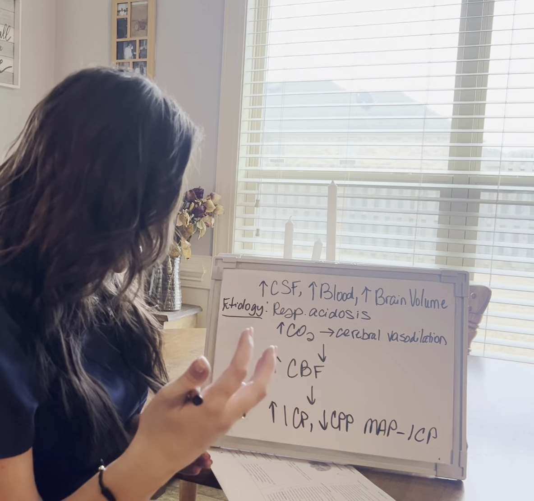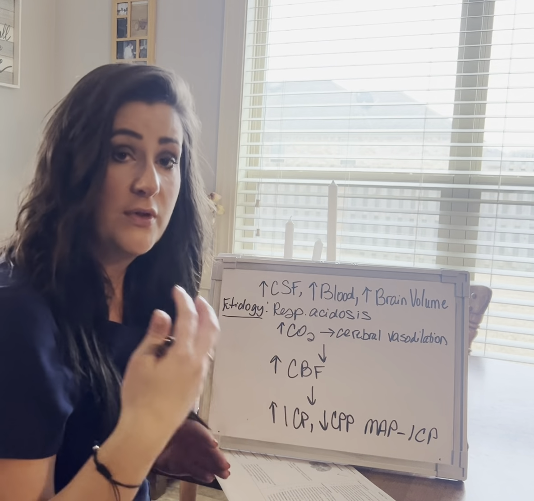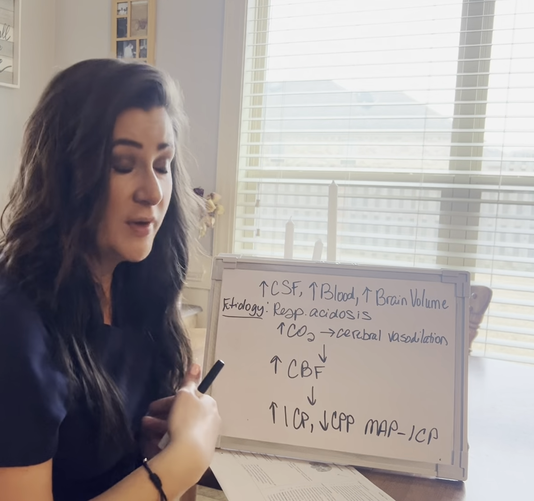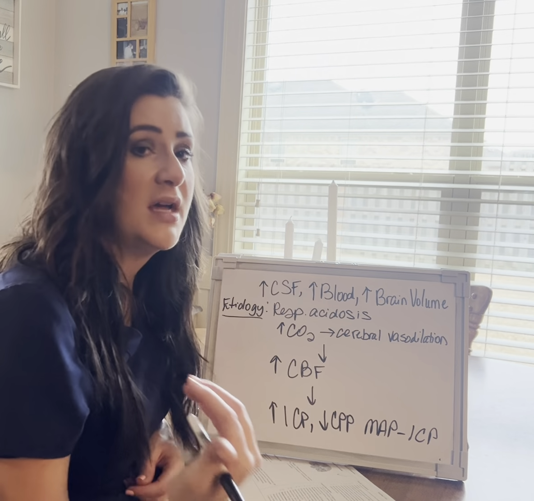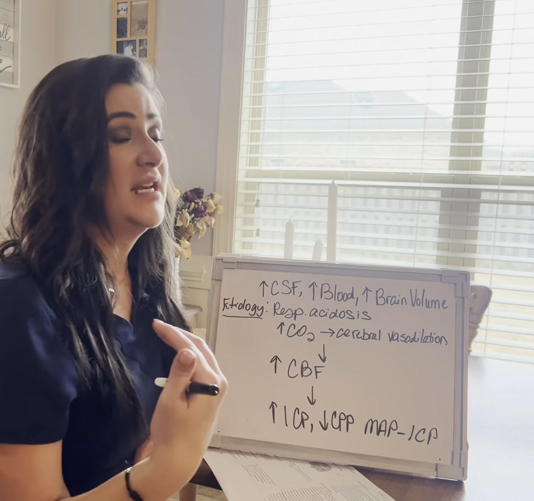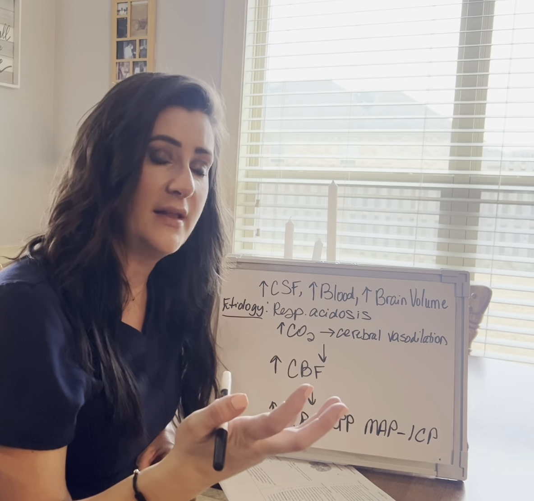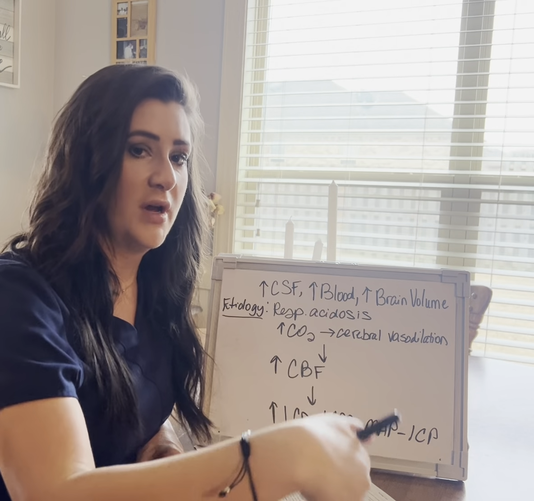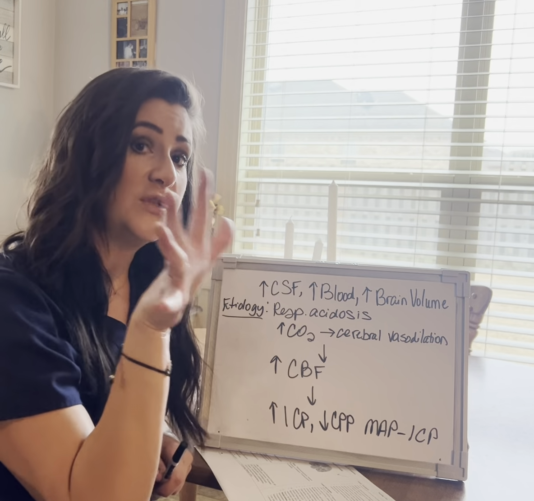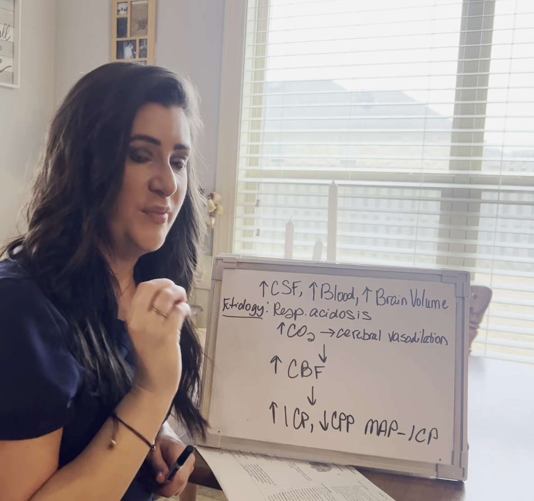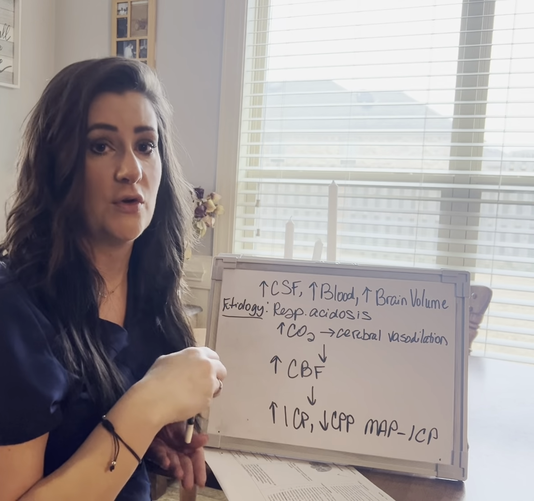Some other things that you might look for: Doll's eyes, which lets you know that there's brain stem impairment, that positive Doll's eyes reflex, and also a positive Babinski. That's never a good sign in an adult, right? That's where you brush against the plantar surface of the foot and the toes fan out. That's a positive Babinski reflex, and that is not something that we want to see in our adult patient.